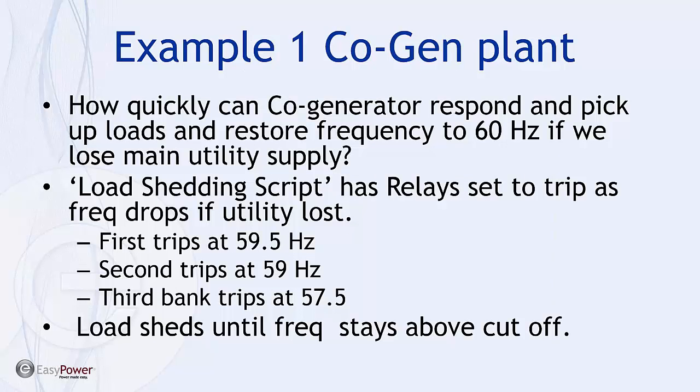The first example is going to be a cogen plant, and the question is, how quickly can our cogenerator respond and pick up loads if we lose the main utility supply?